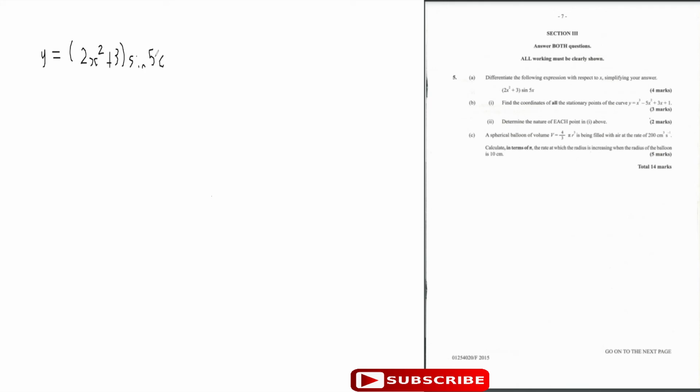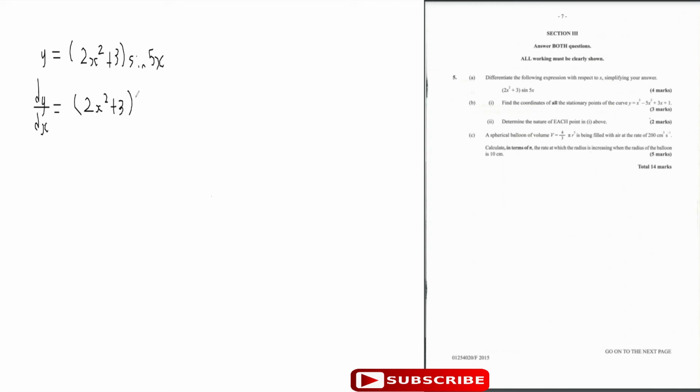So to differentiate this with respect to x, we're going to say that dy by dx is equal to, we're going to use the product rule. Product rule tells us that we keep the first one, so we write back 2x squared plus 3. Then we multiply it by the derivative of the second one.